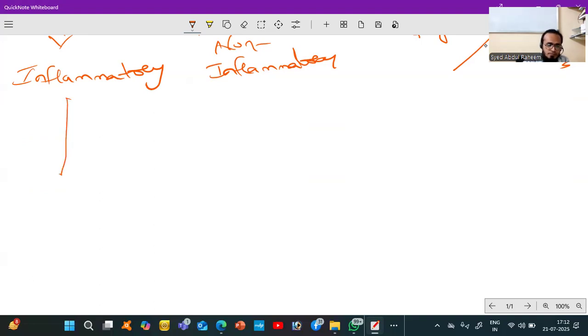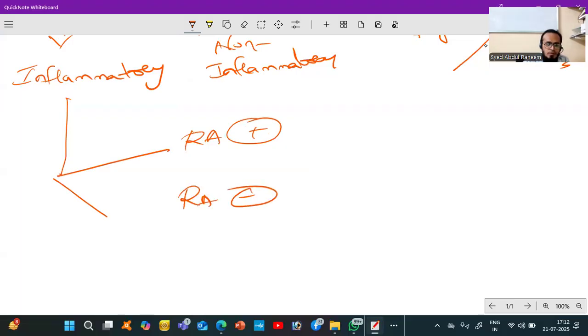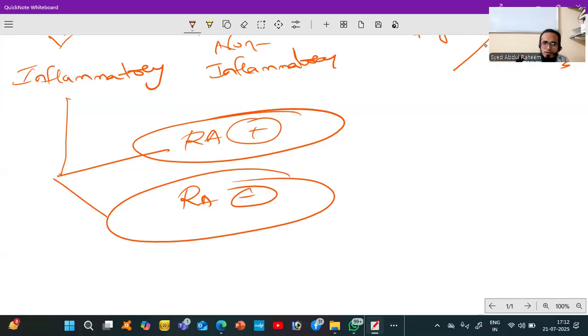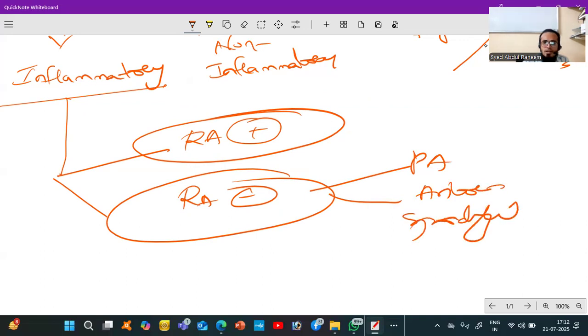Inflammatory. In the inflammatory, we have two types again. One is rheumatoid arthritis positive, the other rheumatoid arthritis negative. Negative means the patient has inflammation, but as tested, they are negative. In that you have two types: psoriatic arthritis and ankylosing spondylitis.